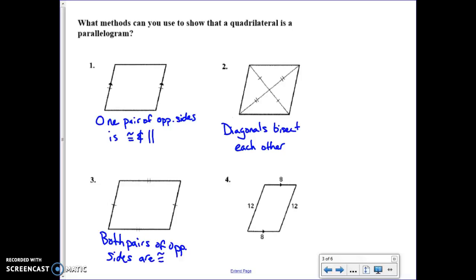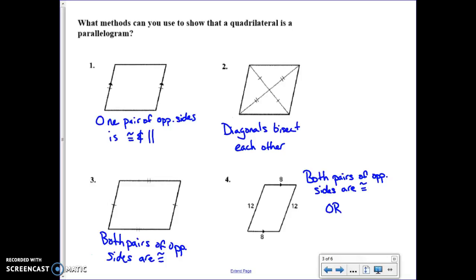Now if I look at number 4, I have a couple different options here. I see that the opposite sides are marked as the same length, so that tells me that both pairs of opposite sides are congruent.